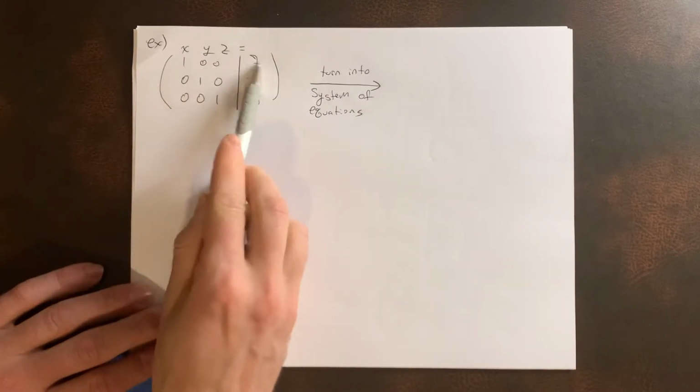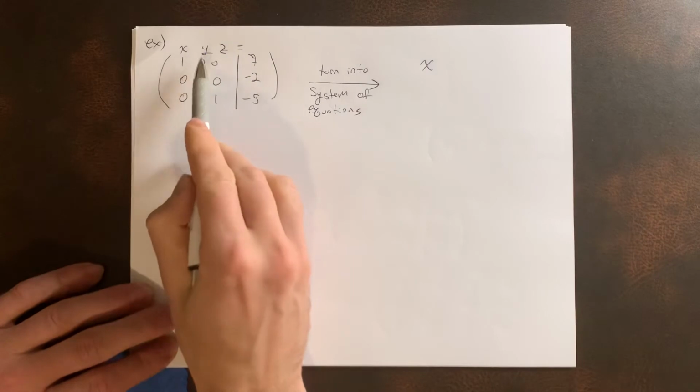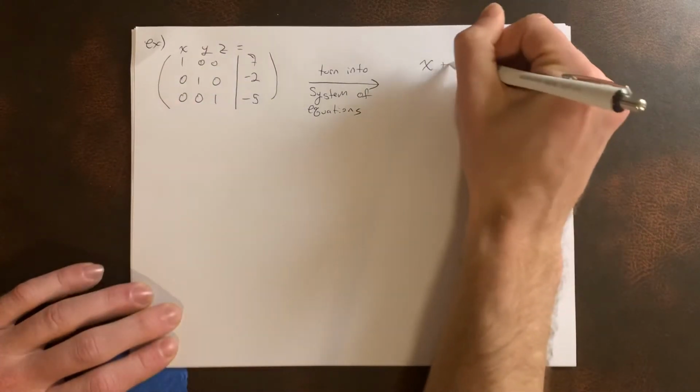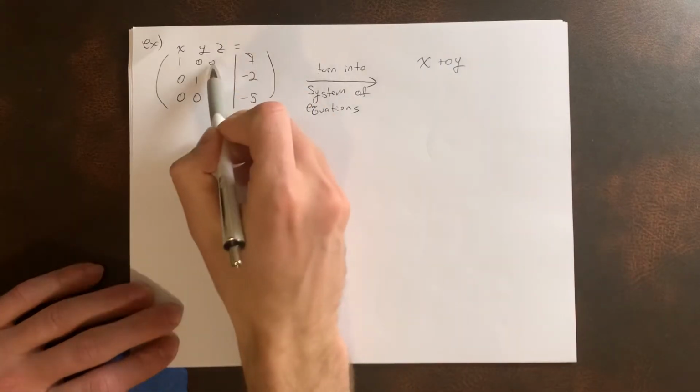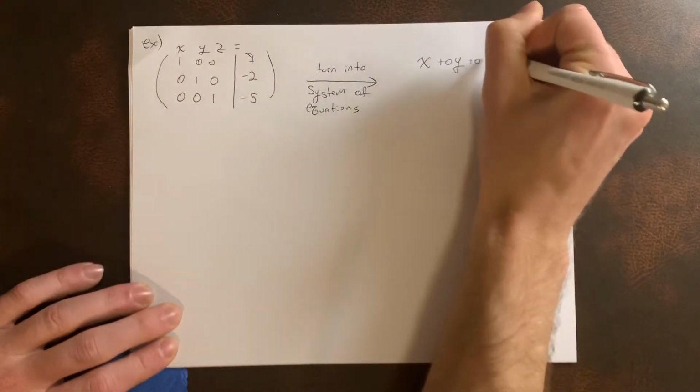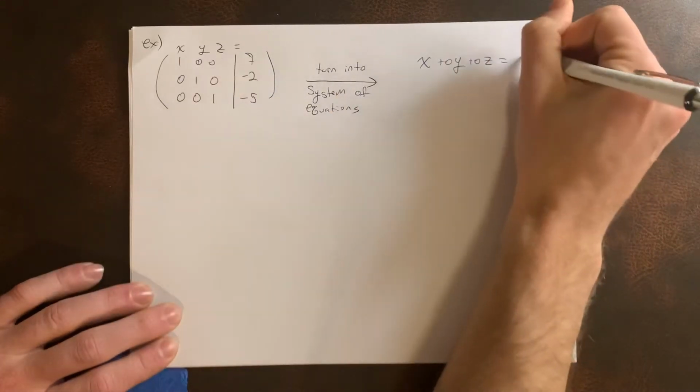So for this first equation, we're going to have a 1 in front of our x, so just an x. Then we're going to have a 0 in front of our y. We don't need to write this 0y, but we'll write it for now. A 0 in front of the z, so plus 0z, and that's going to be equal to 7.